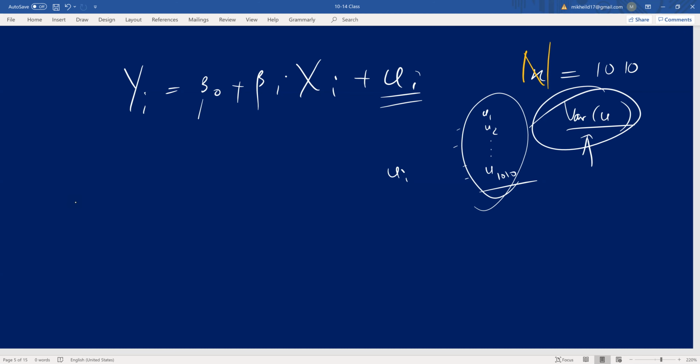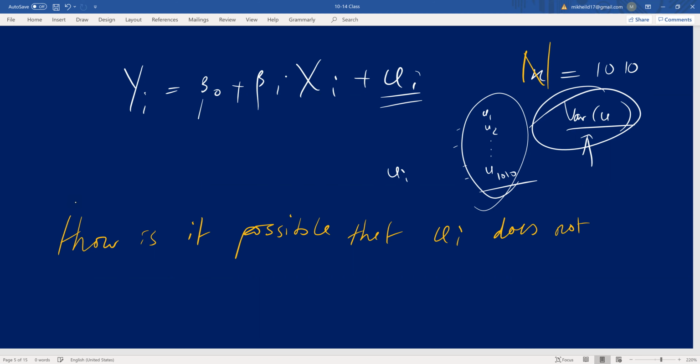So you ask the question, how is it possible that UI doesn't have a constant variance?